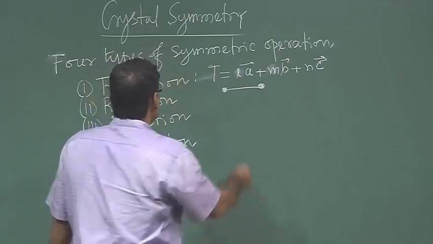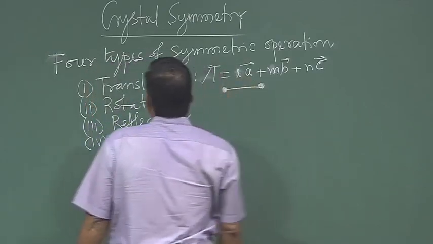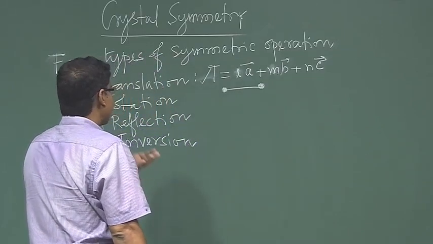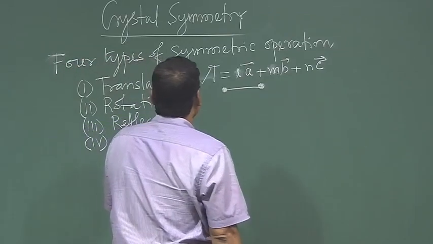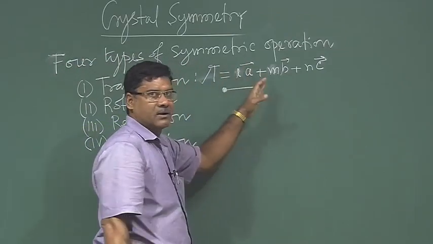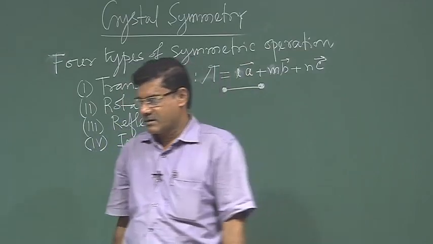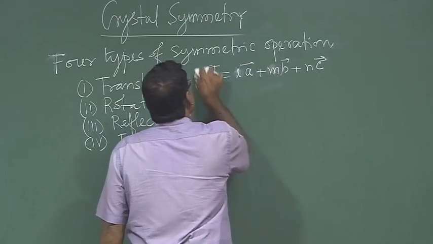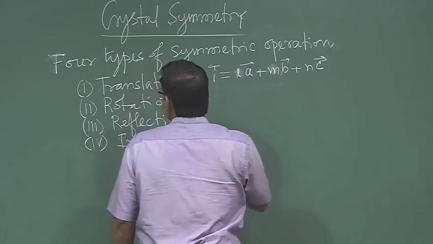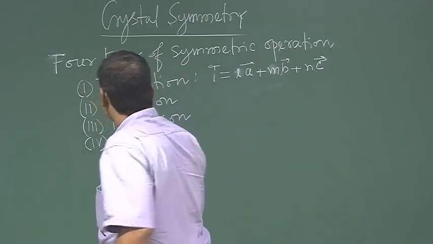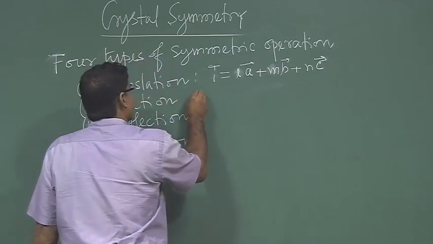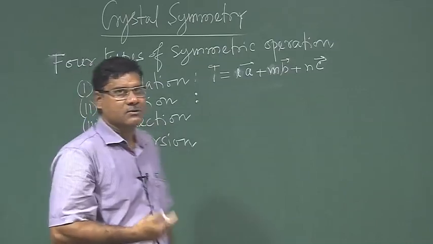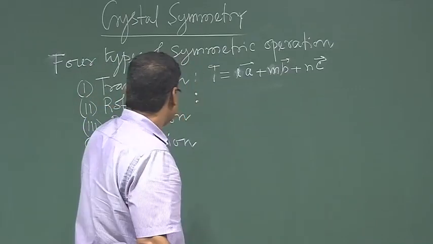So, it is obvious that the crystal has that symmetry, since the lattice points are generated using this translation vector. But for the other rotation, reflection and inversion, one can check how the crystal shows this symmetry.